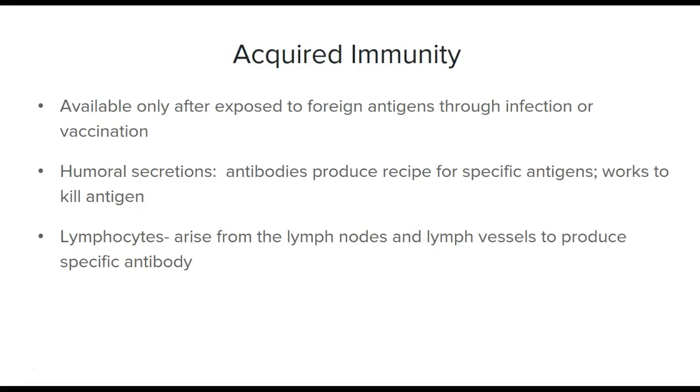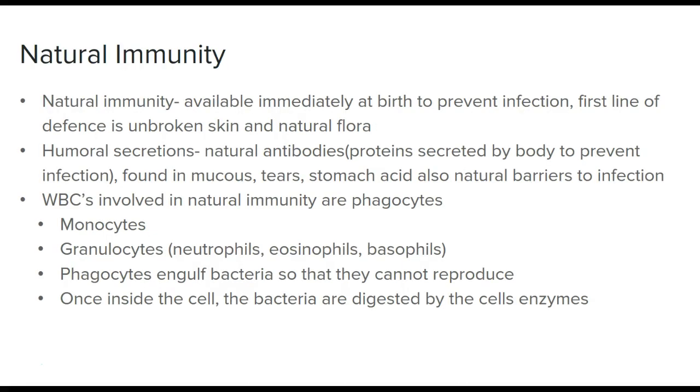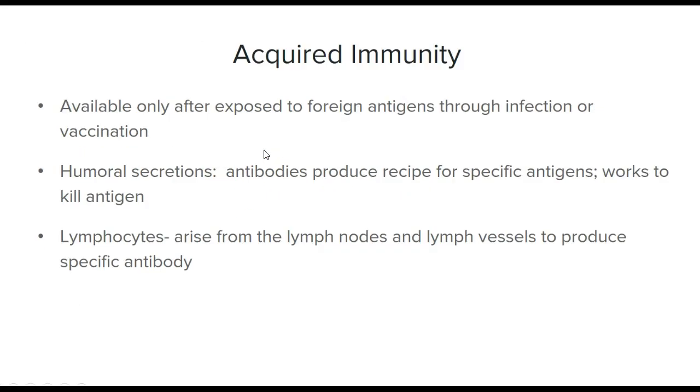So it's specific to just strep. Whereas the ones in the natural immunity are not specific to any kind of antigen. They fight off anything that they can that comes in. So with acquired, they're specific to each antigen. There are too many to count different types of antibodies that we have.